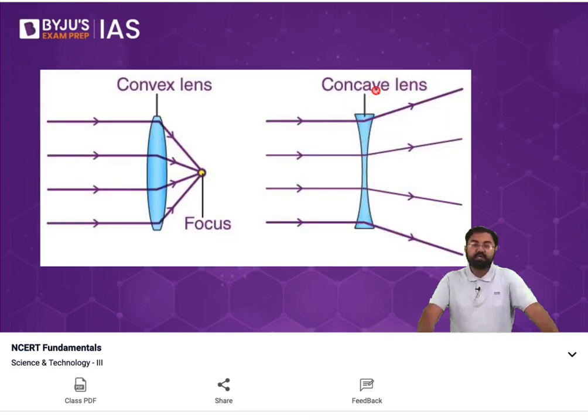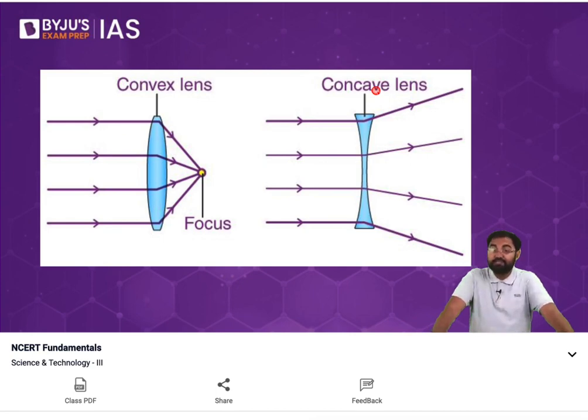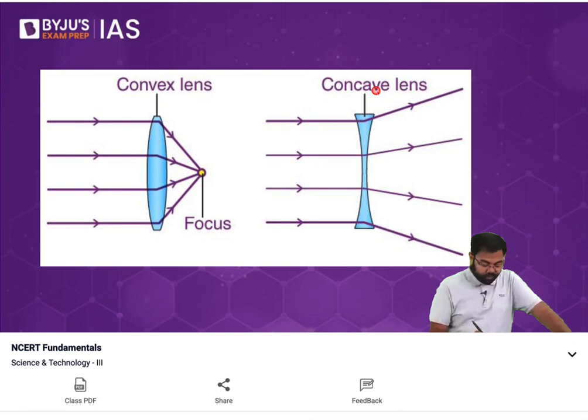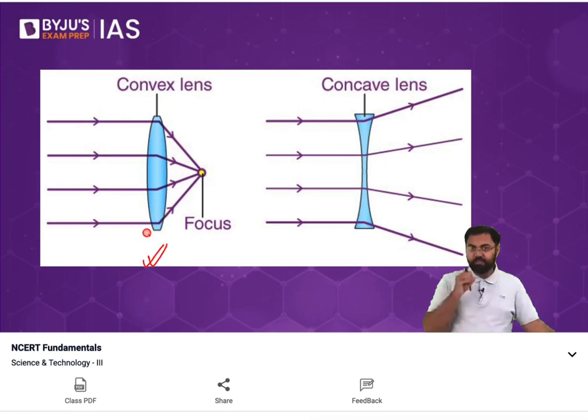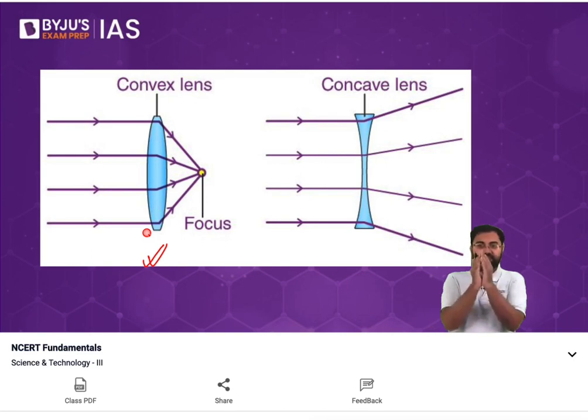So this is how you see a convex lens versus a concave lens. As you can see, the convex lens is focusing all the rays to one single point. Convex lenses are basically bulged out at the center, right?